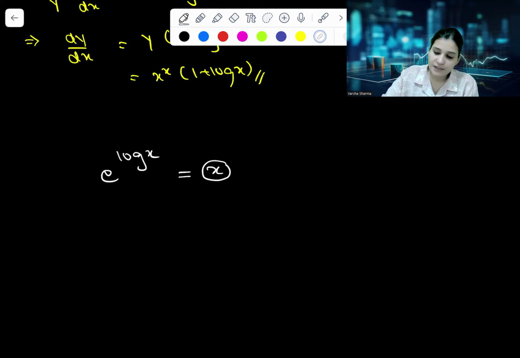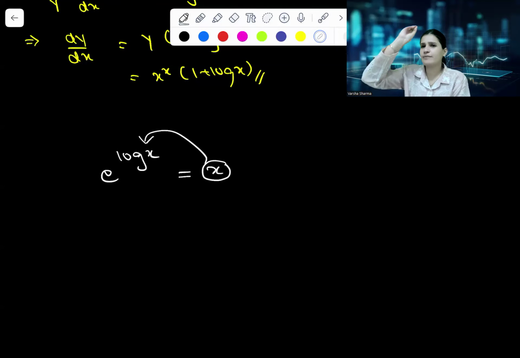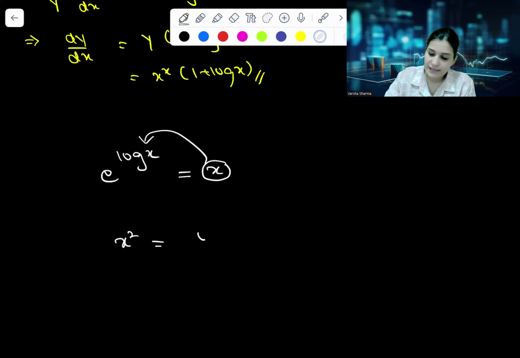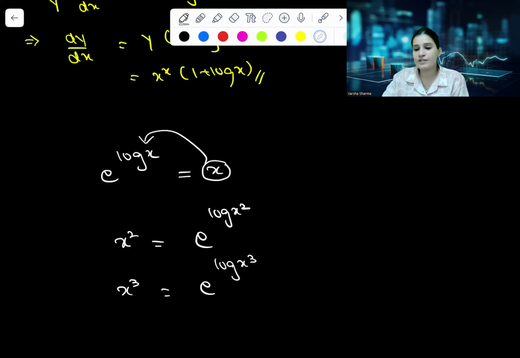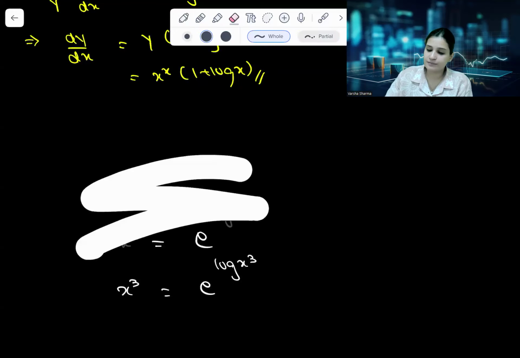If there is a term here, I'll write it in this format: e power log and whatever the term was. If I had x square, I'll write e power log x square. If I have x cube, I will write e power log x cube. Just for some reason.